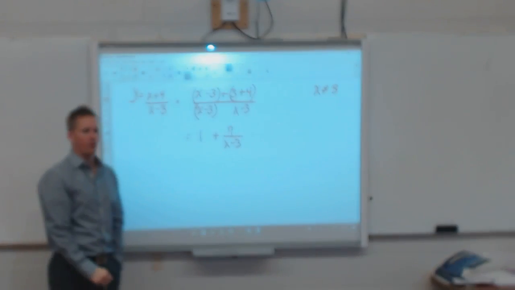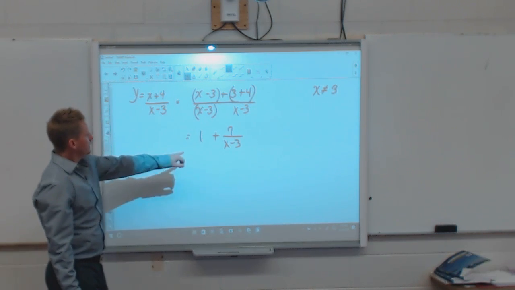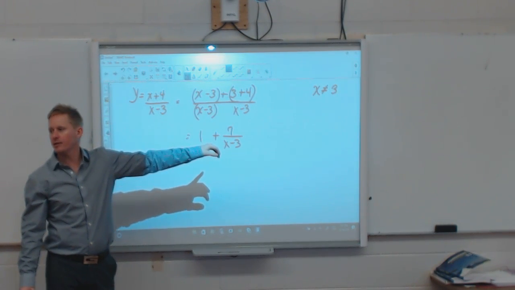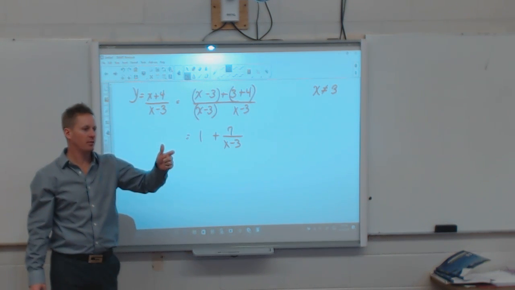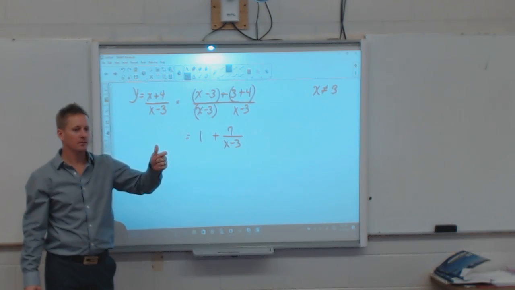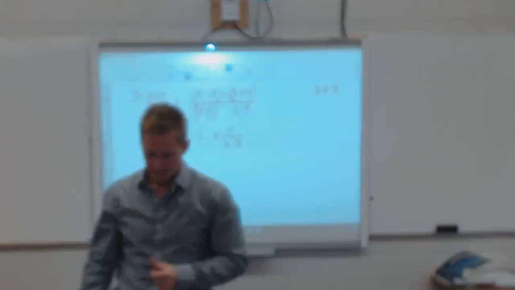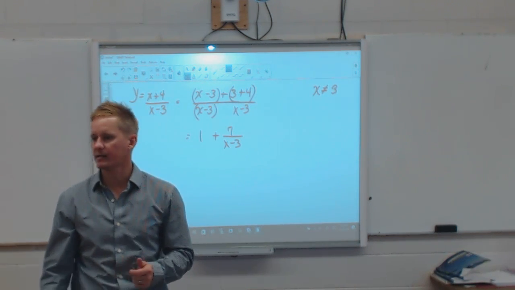So that's now in the form that I wanted it, right? This k value right here actually defines your horizontal asymptote. That's because of the shift. So your k value 1 defines the horizontal asymptote.